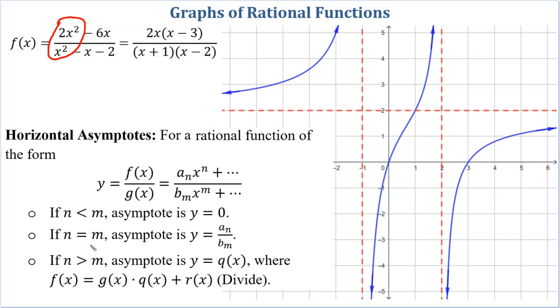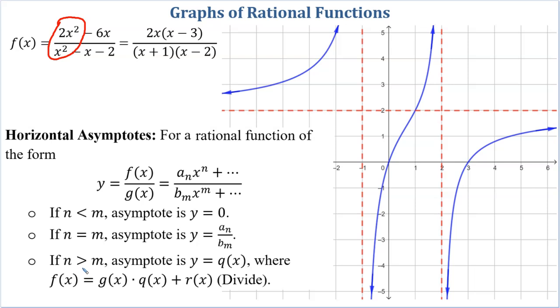Now, if n is equal to m, we'll say that the asymptote is y equals a sub n over b sub n. So that'll be this case here where I have an equal degree between numerator and denominator. In that case, we'll just make a fraction out of the coefficients, the 2 and the 1 here. That's why we see this graph with the asymptote at y equals 2, because we have that equal degree.